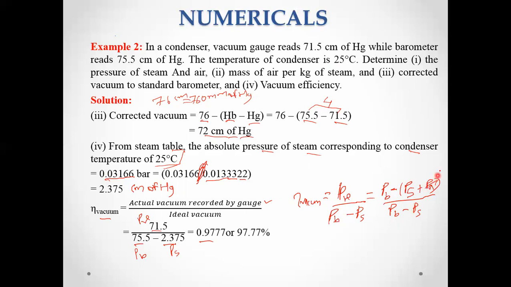When A is 0, when there is no leakage, what will happen? PB minus PS divided by PB minus PS, so at that time it will be 100% efficiency. That's why you can see whatever the vacuum efficiency is, it will be near about 99%, 98%. In this range only, almost more than 97%.